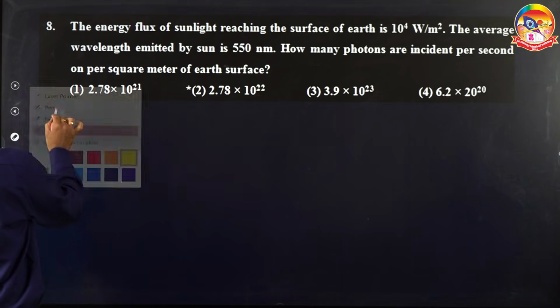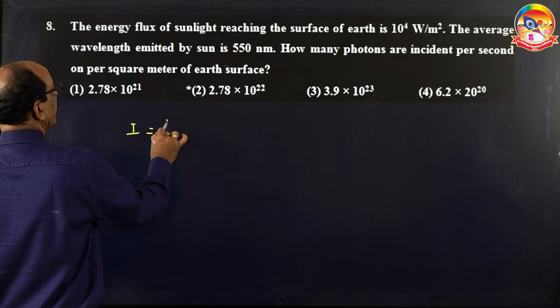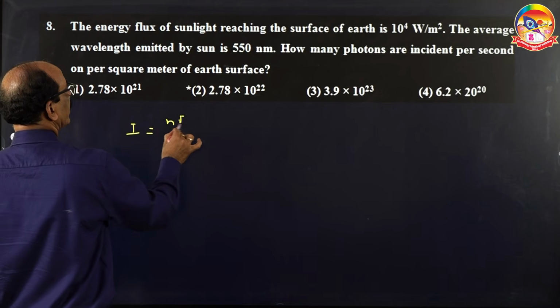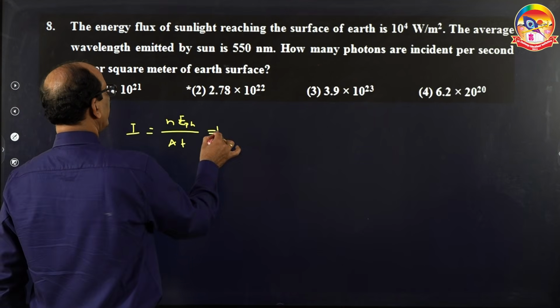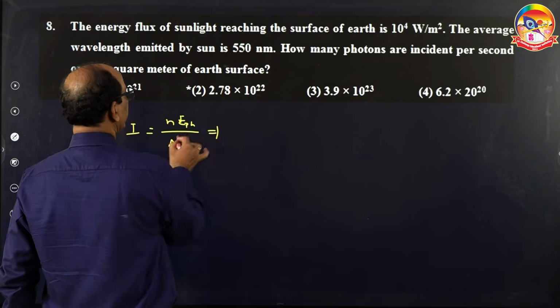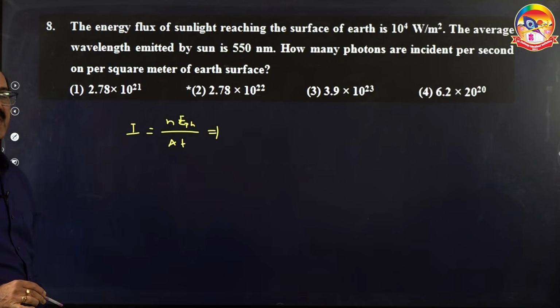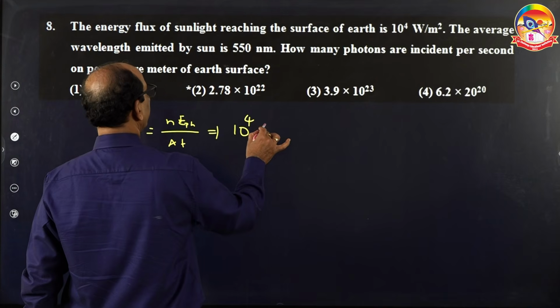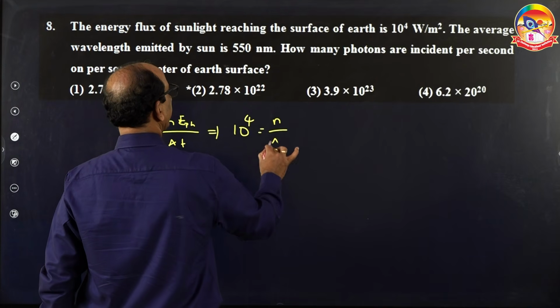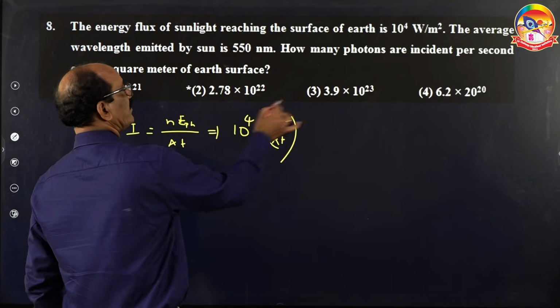As I told you, intensity is the number of photons into the energy of a photon by area into time taken. What we require is the number of photons incident per unit area per unit time. So 10 power 4 is equal to n by A t into the energy of the photon.